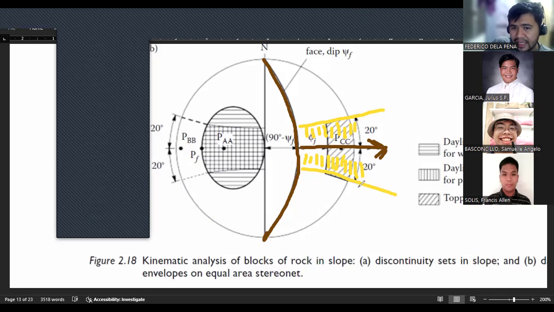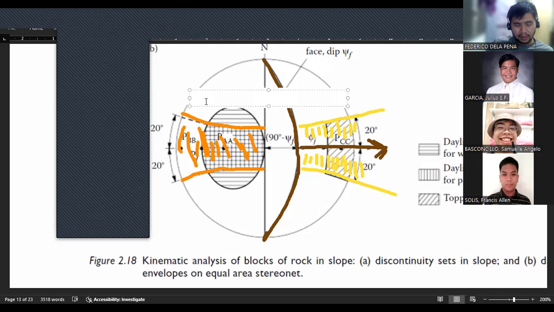We simply have to flip this yellow zone into the other side of the stereonet. So it will look like this line. Okay. So within this zone, all the pole plots that reside in this zone will be eligible for planar failure. Okay. Zone eligible.